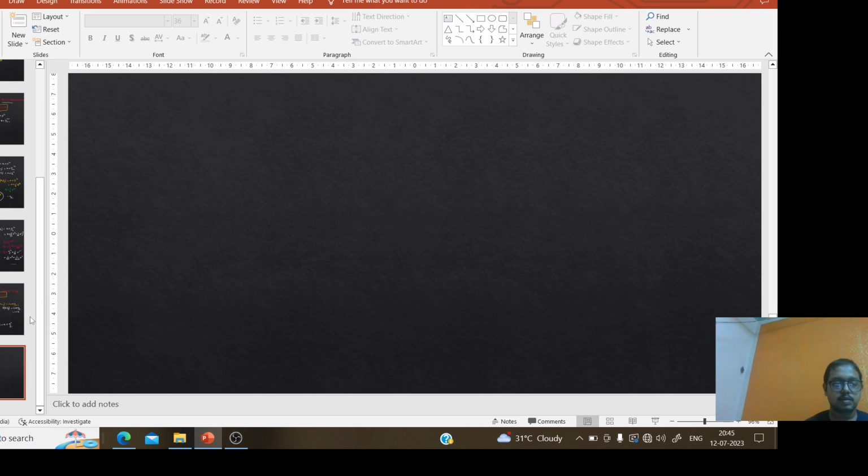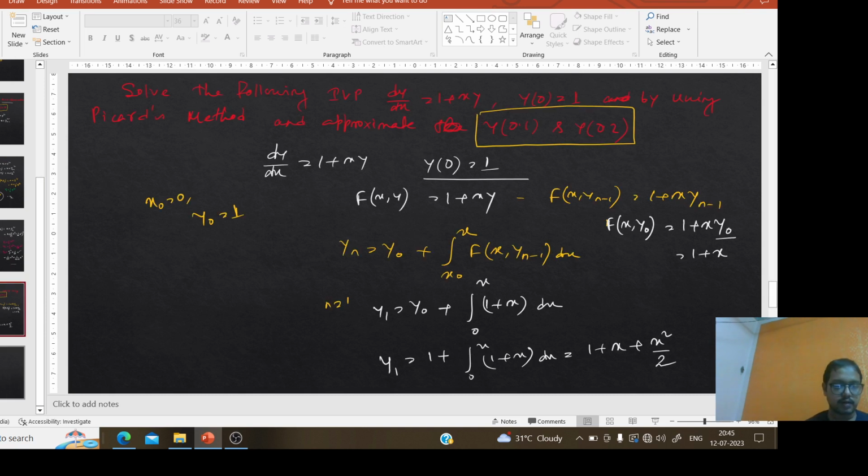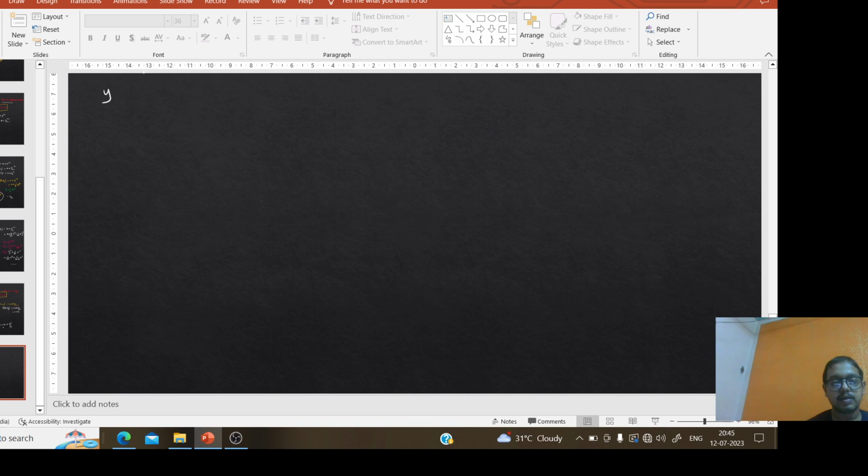we have to find y2 and y3. So see here, y1 is 1 plus x squared by 2. Similarly now, again I write the formula yn is equal to y0 plus the integral from x0 to x of f of x, y n minus 1 dx.